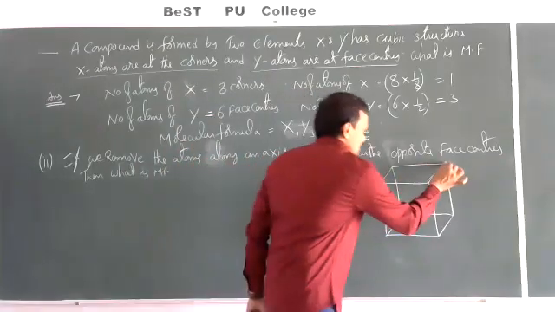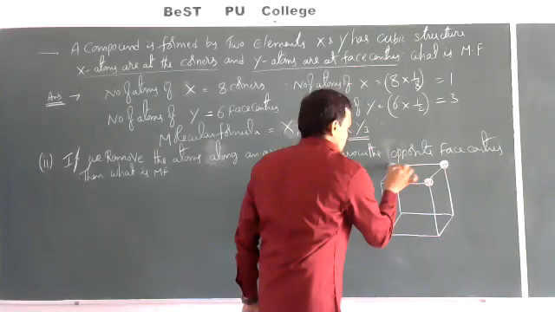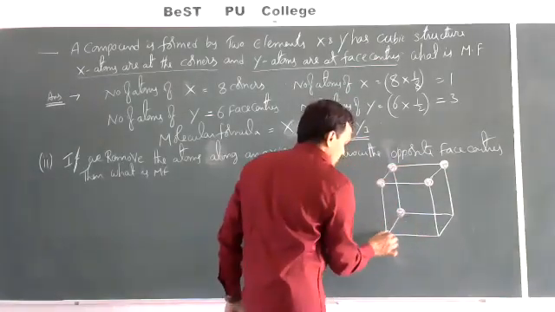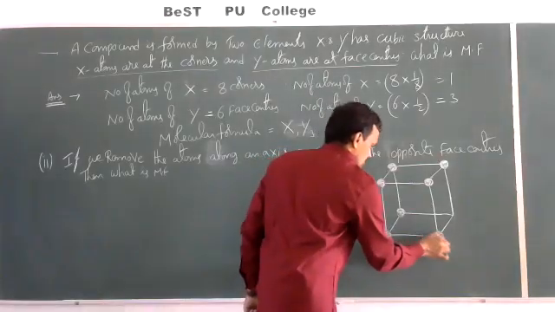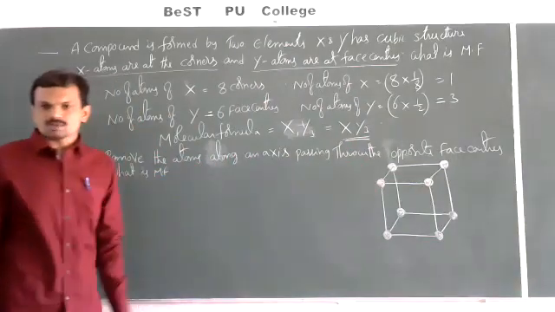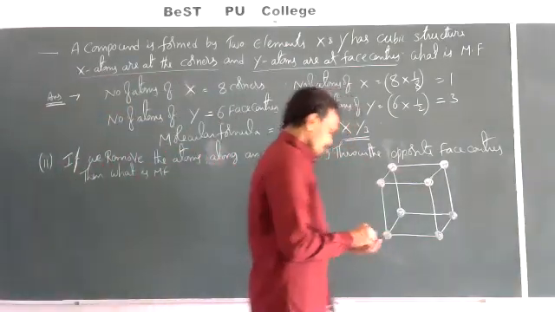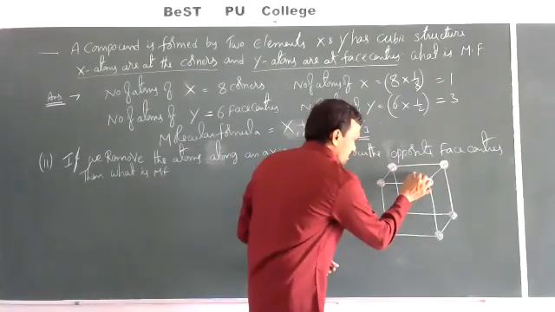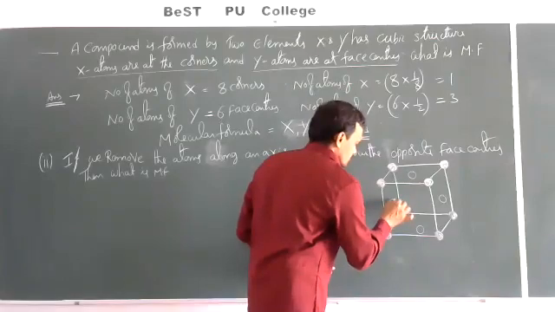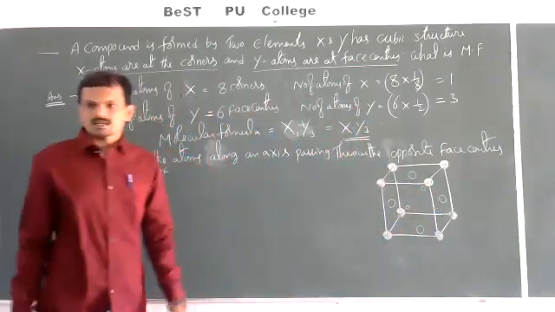These are the corner particles: 1, 2, 3, 4, 5, 6, 7, and 8. Then what is the position of atoms of Y? They are occupying the face centers like this. 6 face centers are there.